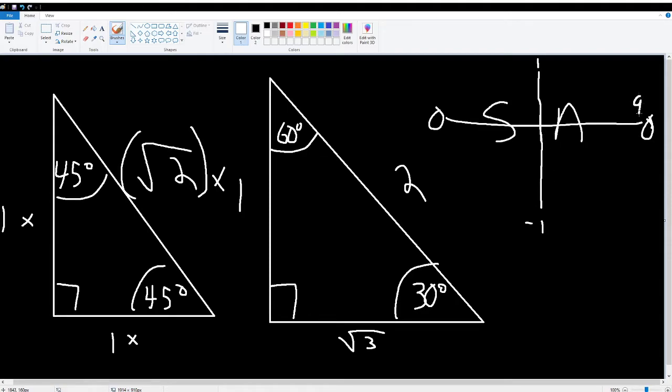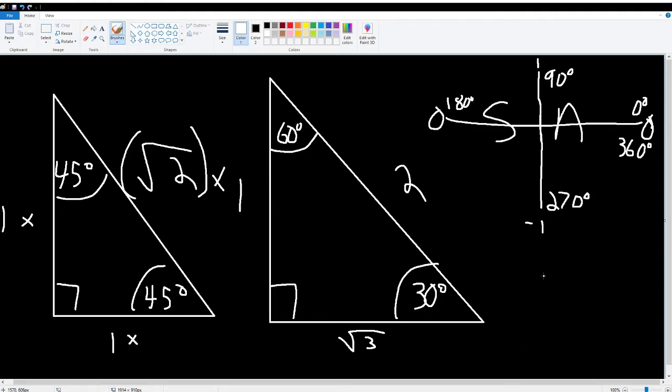So this is 0 degrees, 90 degrees, 180 degrees, 270 degrees, and this is back to 360, which is the same as 0 degrees.